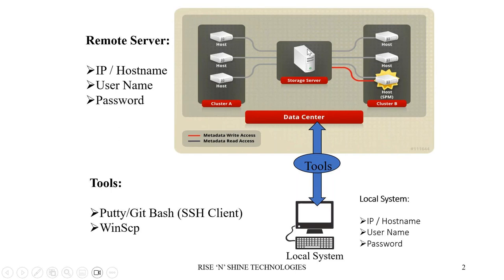If a storage server is available, then we can use storage approaches. But sometimes you need to copy the files from here to here. We need to use some WinSCP tools, especially from the local system, to do the file copying.